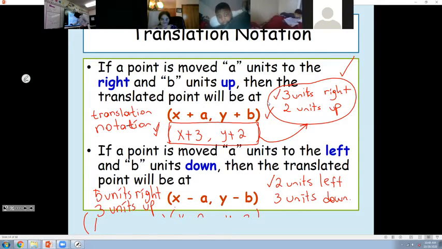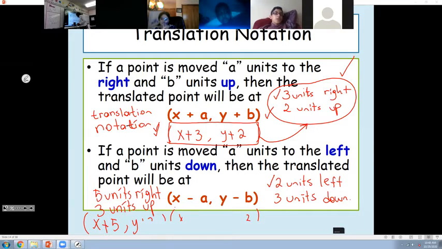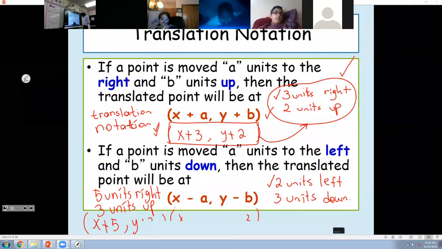It is positive. X plus 5, comma. So 3 units up means y plus 3. Y plus 3. All right.